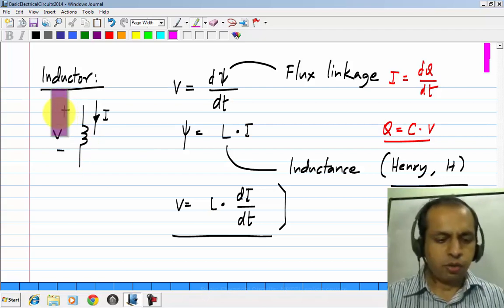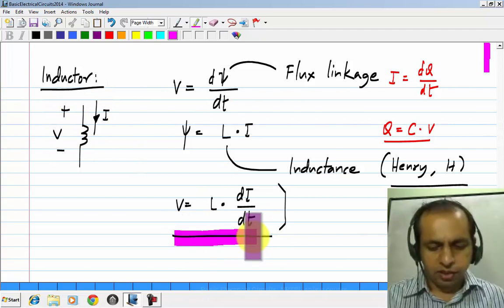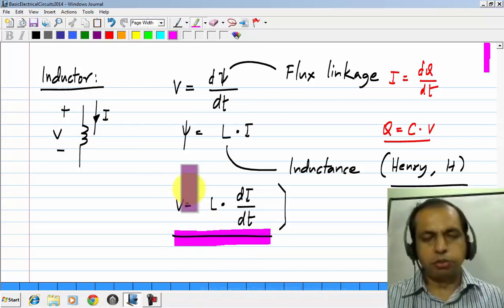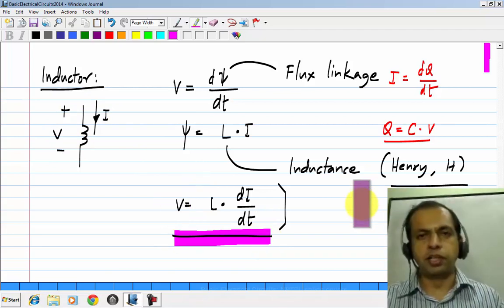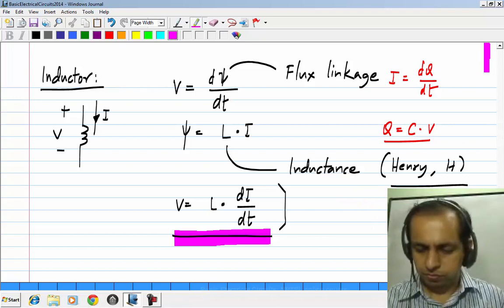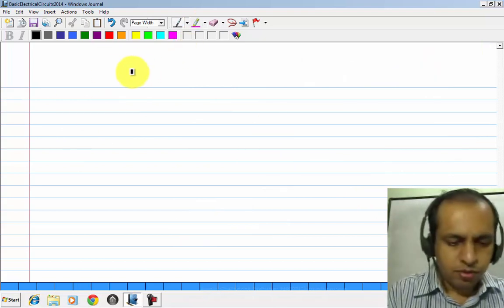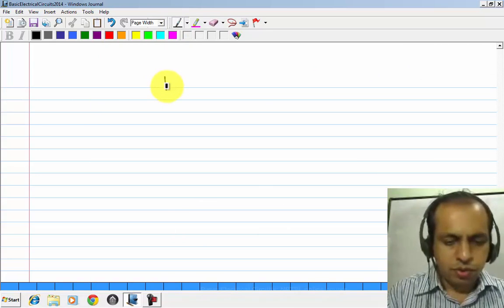Okay. Now if you have V like this and I defined this way, this is the relationship, and this is the induced voltage which opposes the change in magnetic flux linkage inside the inductor. Okay. So what does this say?